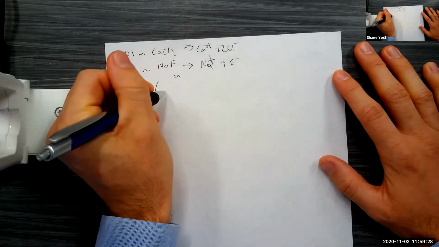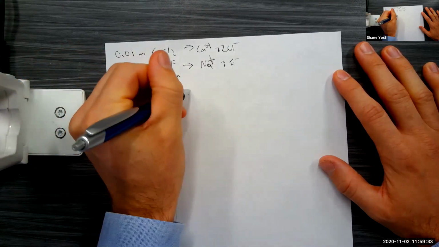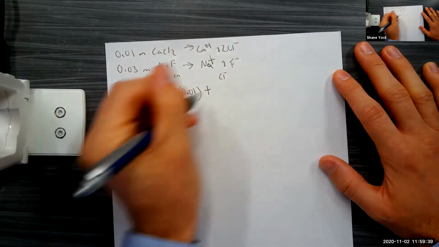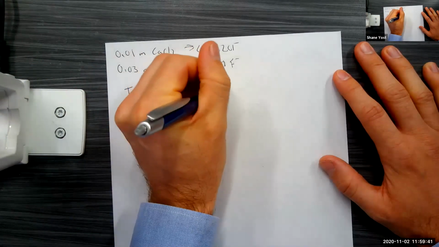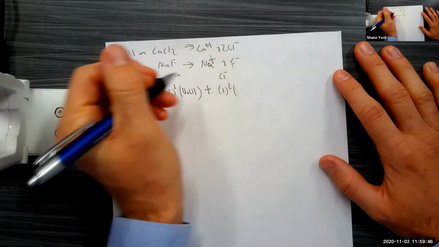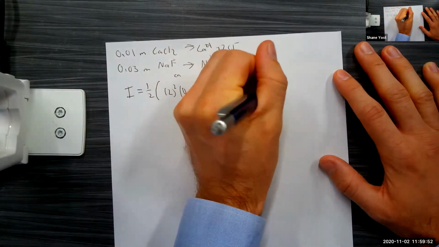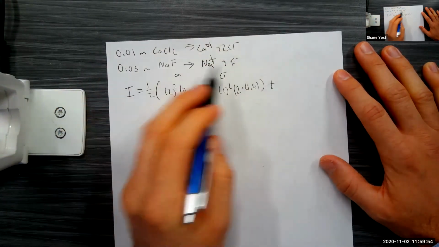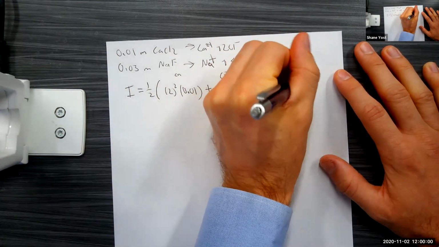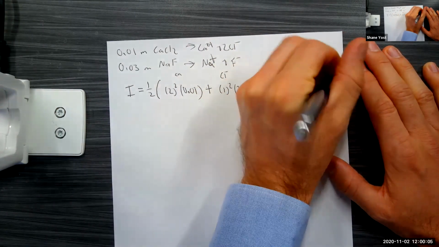Calcium first, which has a charge of 2 squared times its molality, 0.01, plus the chloride, which has a charge of 1 squared times its molality, which is 2 times 0.01, plus sodium and fluoride, which both have a charge of 1 and a molality of 0.03, so 1 squared times 0.03 plus 1 squared times 0.03.